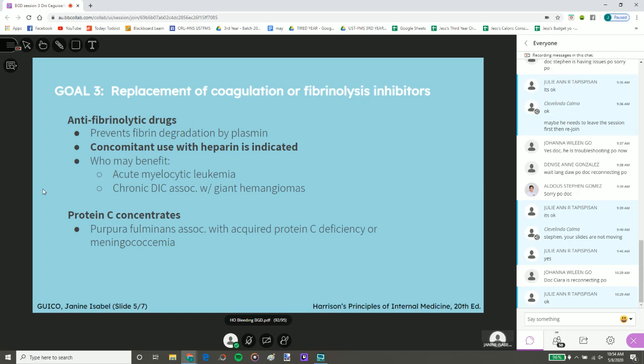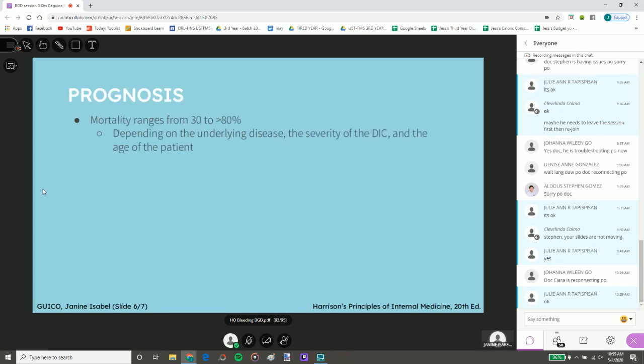Therefore, we cannot say if he is currently in primary fibrinolysis. And protein C concentrates can be given for those with purpura fulminans associated with acquired protein C deficiency or meningococcus, but this is not seen in our patient. So for the prognosis of DIC, the mortality would range from 30 to more than 80% depending on the underlying disease, the severity of the DIC, and the age of the patient.